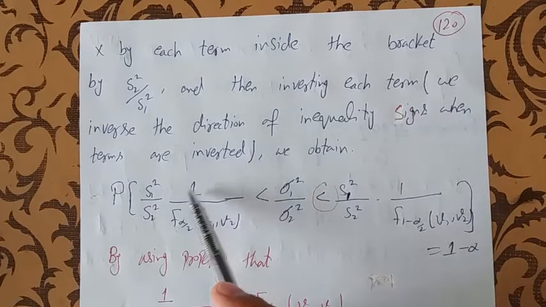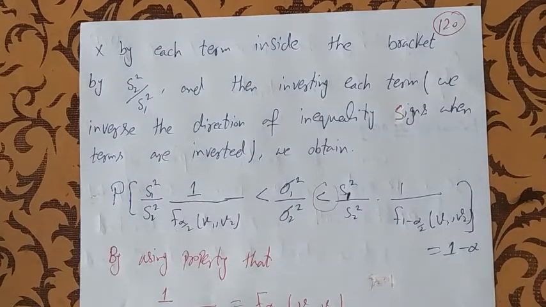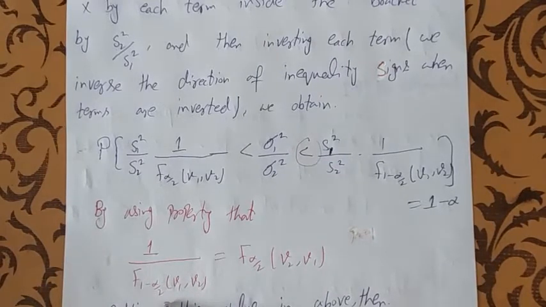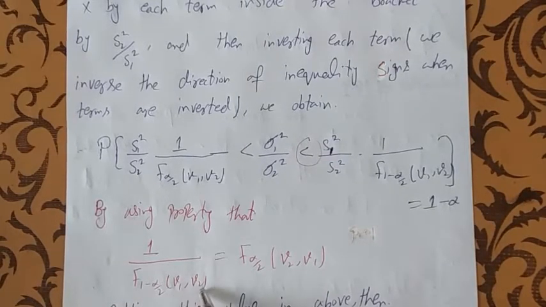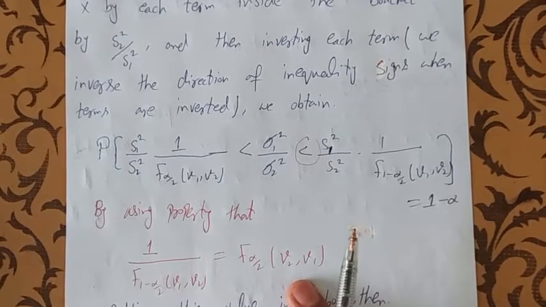Then these are equal in the form of 1 over F. Understand? By using the property that 1 over F 1 minus alpha by 2 nu1 comma nu2 is equal to F alpha by 2 nu2 comma nu1. This property we learned in the previous video, I think so.